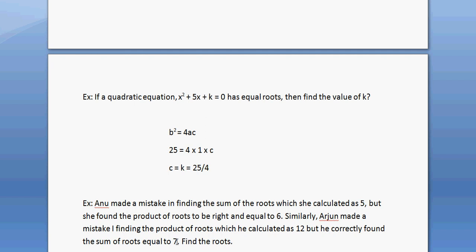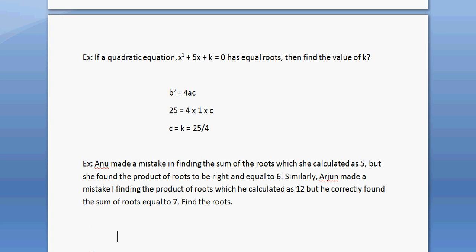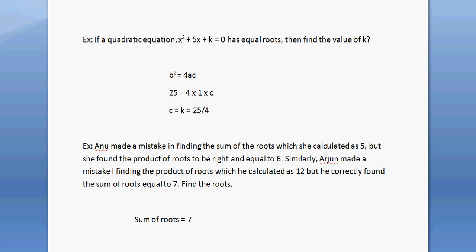Find the roots. So Arjun has calculated the sum of roots correctly, which means the sum of roots is equal to 7. The product of roots would be 6.